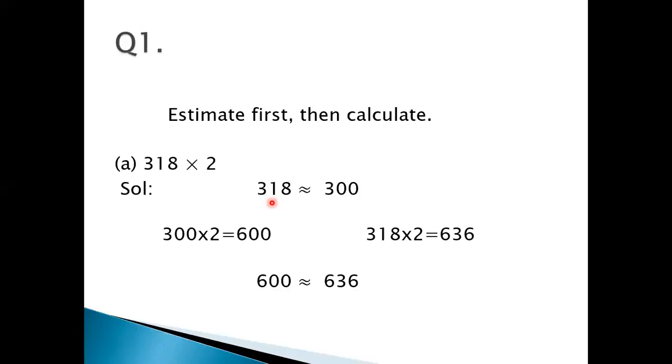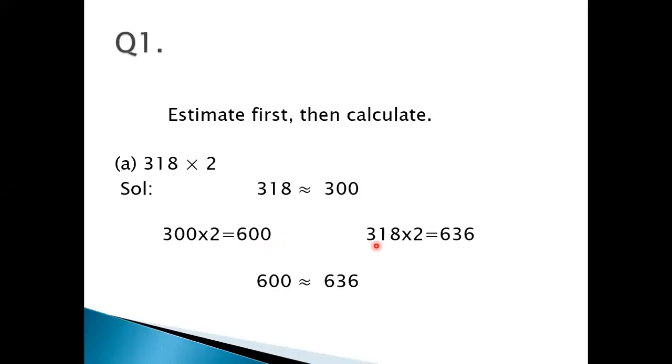If it is 5 or greater, 6, 7, 8, 9, then we round the number upward, that will be 400. So here 318 is approximately equal to 300. We multiply 300 by 2 and it gives us 600. This is our estimated answer.